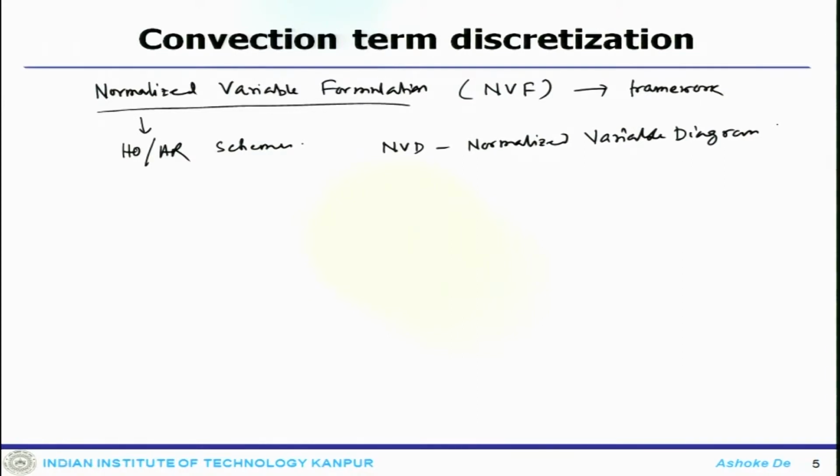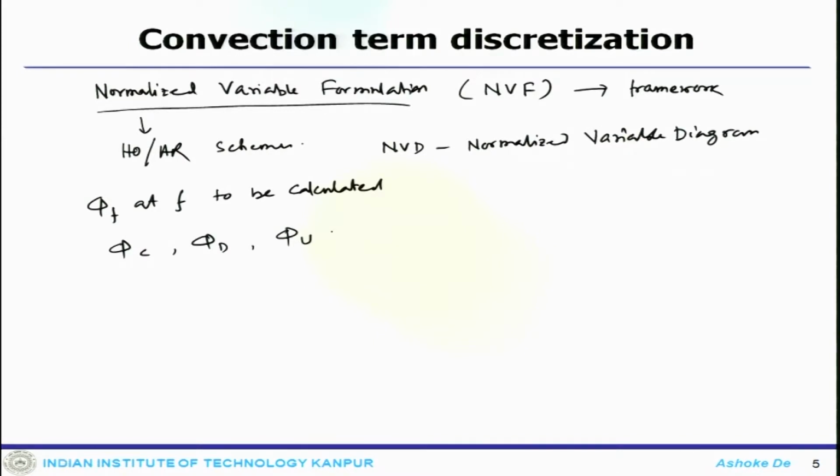Now, NVF is a face formulation based on locally normalizing the dependent variable for which the value phi f at the face is to be calculated or constructed. So, the approach relies on the upwind node phi c, the downwind node phi d, the far upwind node phi u and this kind of nodes.